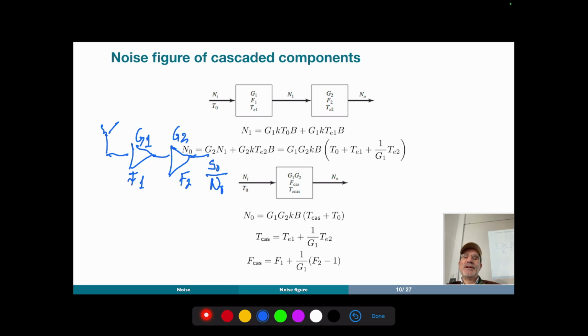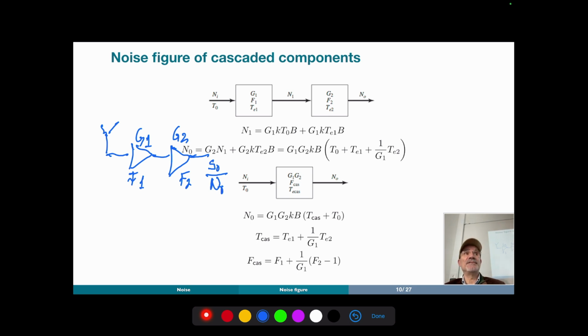You might ask, why do we need two stages of amplification? Why don't we just use one amplifier with a higher gain? What's the purpose of dividing the gain over several stages? The reason is that sometimes you need a higher gain at the receiver.